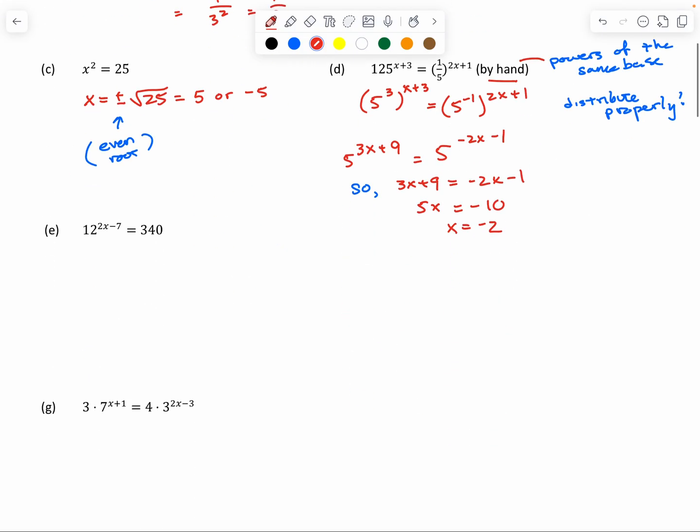Okay, if you don't have to do it by hand, because 340 is definitely not a power of 12, you can do 2 methods. Method 1, my favorite. Remember, it's ln, not in.